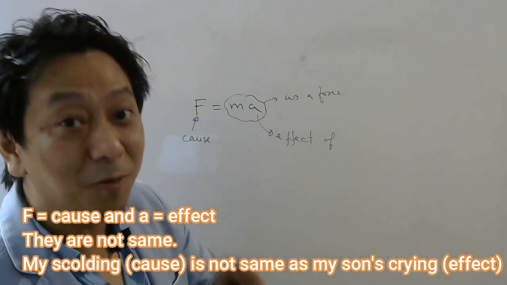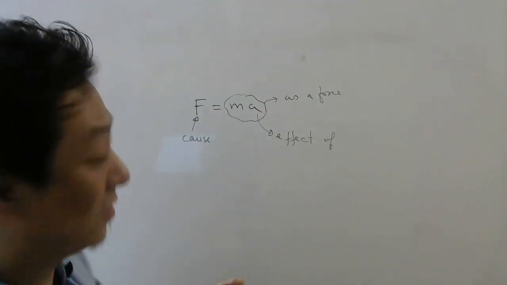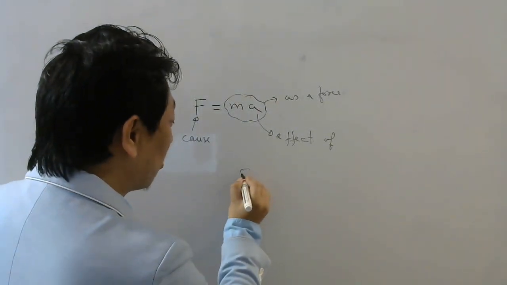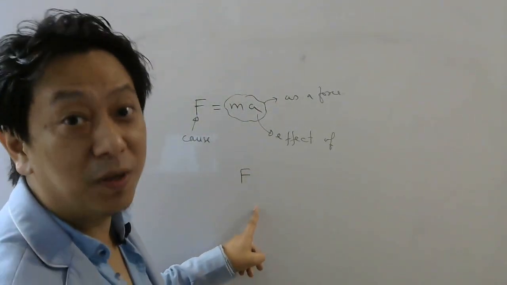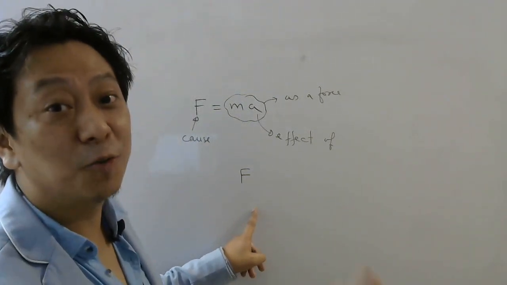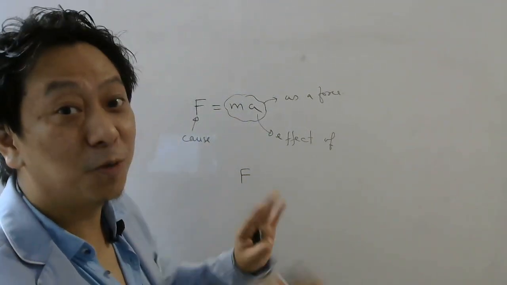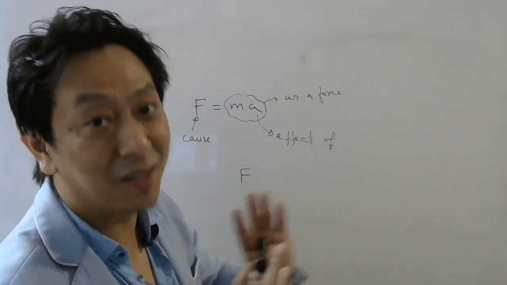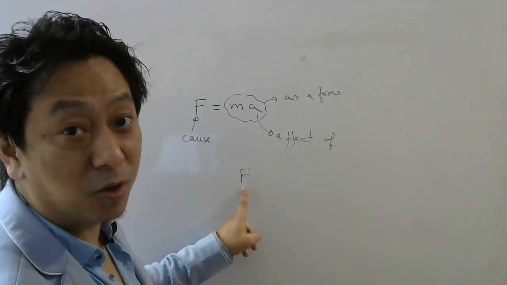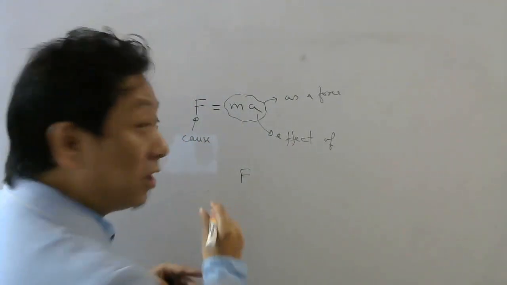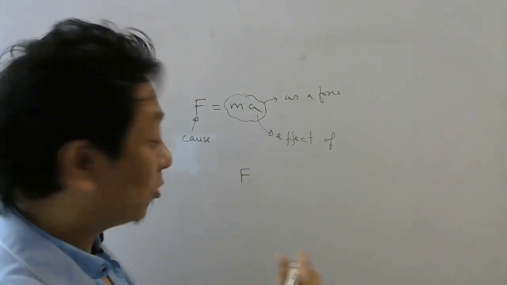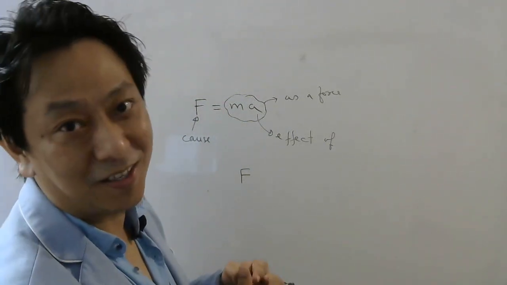So the force is the cause and acceleration is the effect. That's why a better way to write Newton's second law is, if you apply force on a body, now that force could be due to the nucleus, that force could be due to Earth, that force could be due to Pankaj sir pushing something. So if you apply some force on a body, then the body will respond to that force by changing its velocity.